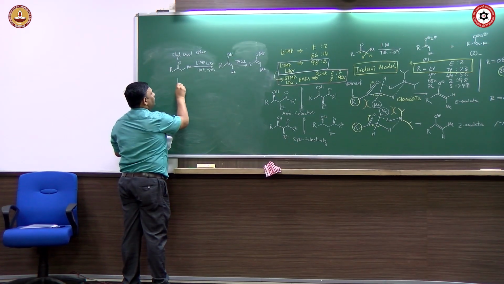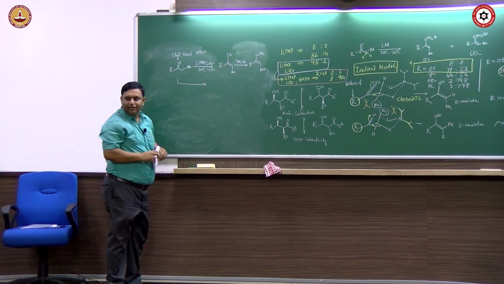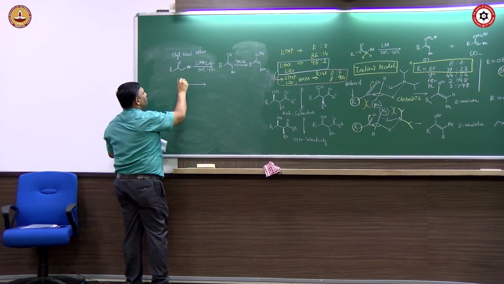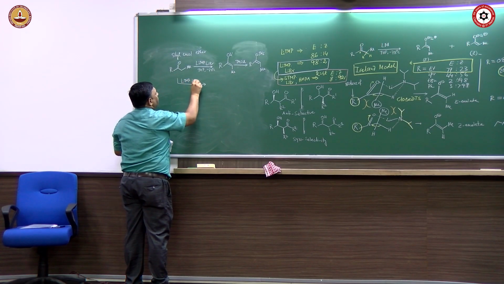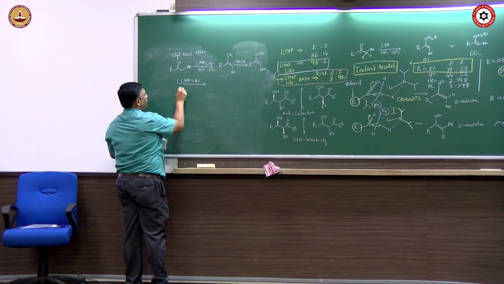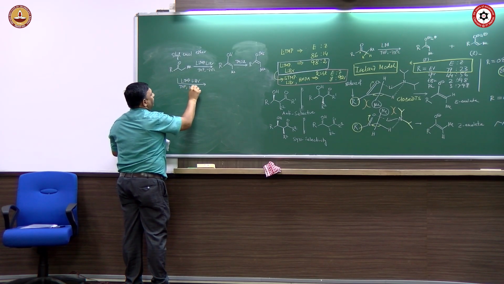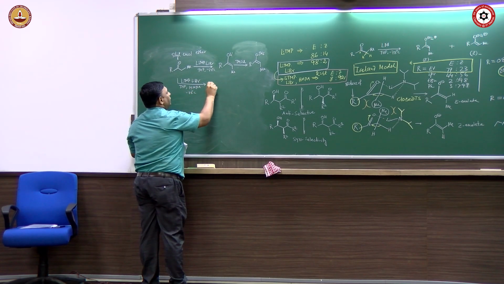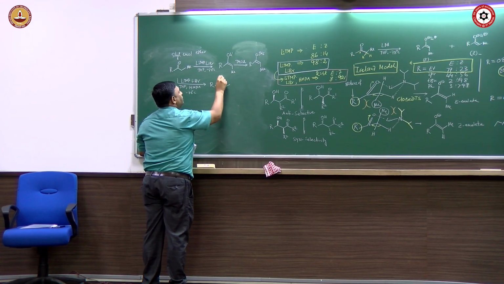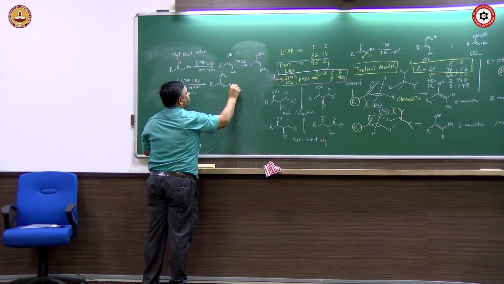We also know now how to get the Z of that one. That means we will use lithium TMP, lithium bromide, THF, and we add HMPA, same condition, and that will lead to the lithium enolate.